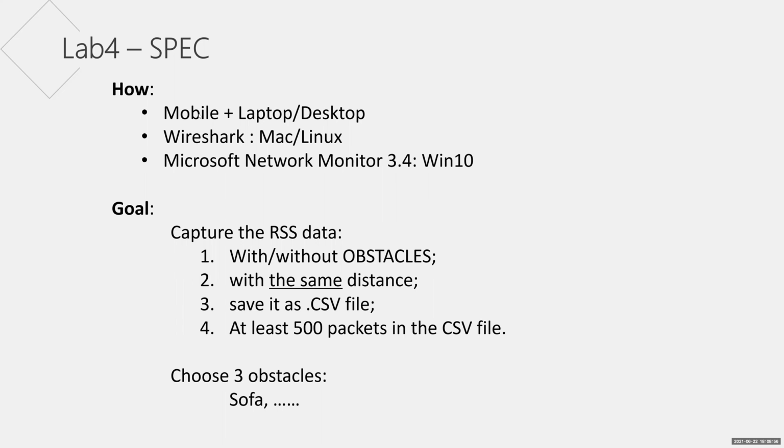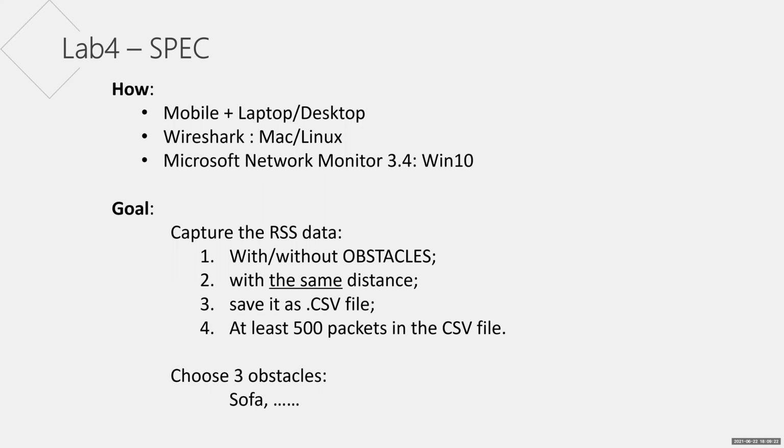I'm not going to tell you how to collect the data because you have already done Lab 2 and Lab 3, so you must be very familiar with that, maybe better than me. Let's double check the code. All we need to do is clear the RSS data with and without obstacles here.